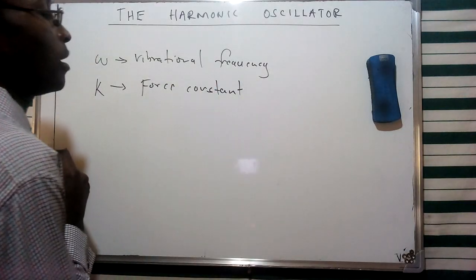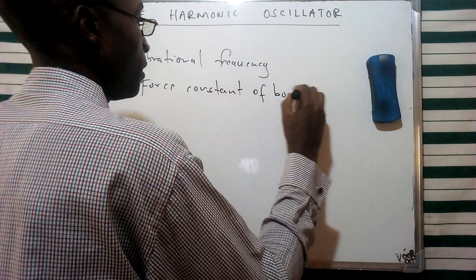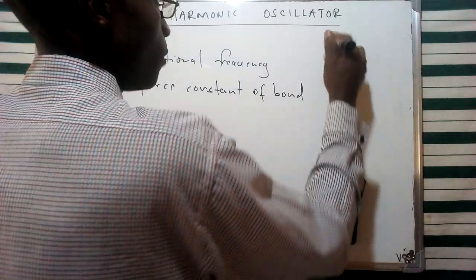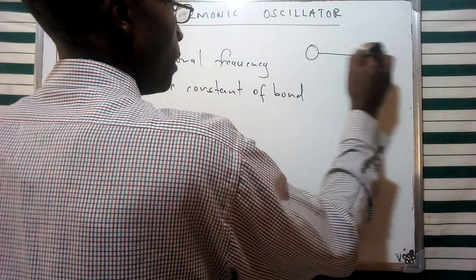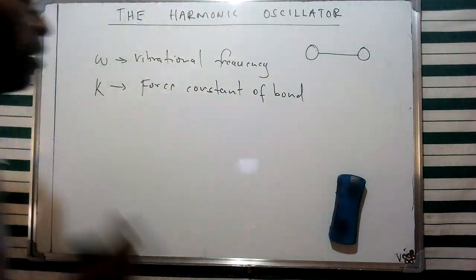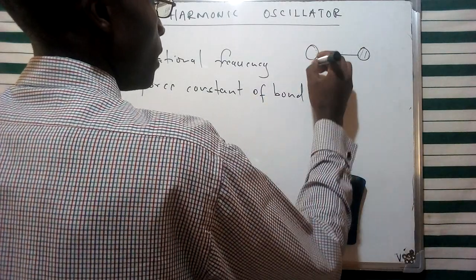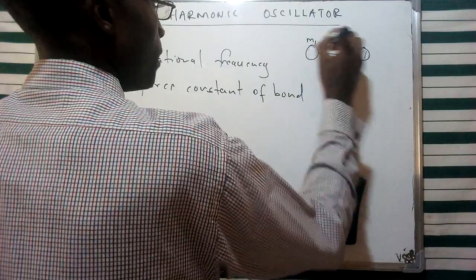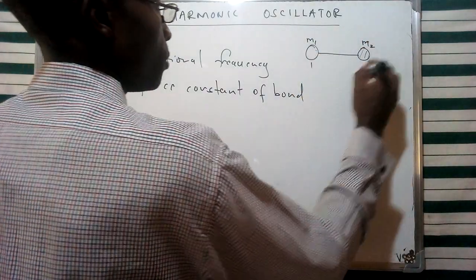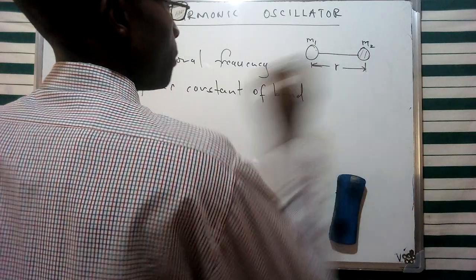And if we consider the diatomic molecule, then this is the force constant of the bond. We had talked about this aspect of a bond in our illustration of the heteronuclear diatomic molecule, which we had considered with two atoms, the first atom with a mass m1 and another atom with a mass m2, separated by a distance of a bond length, which is r.